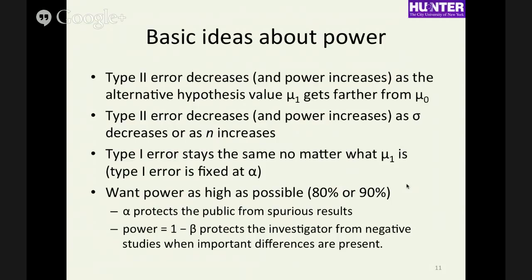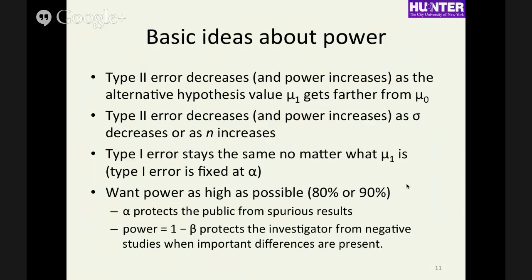So it only applies when there is in fact a true difference. And it's to protect us from wasting money and time on a study where even if there is a real difference, we're not going to be able to see it.